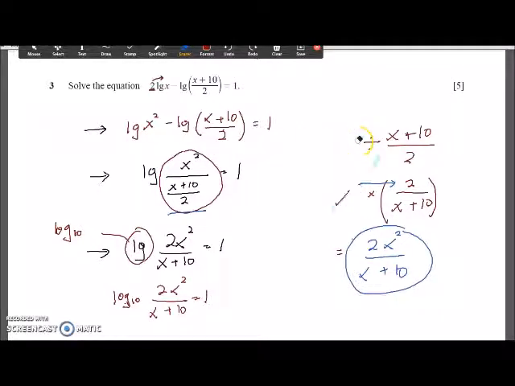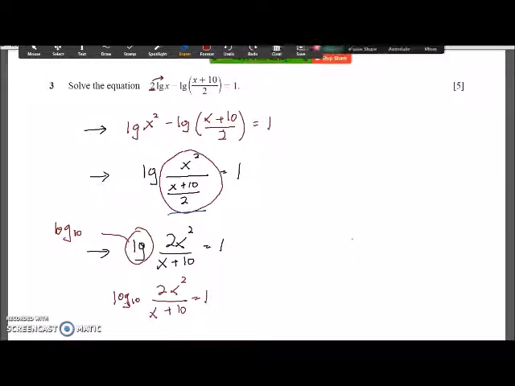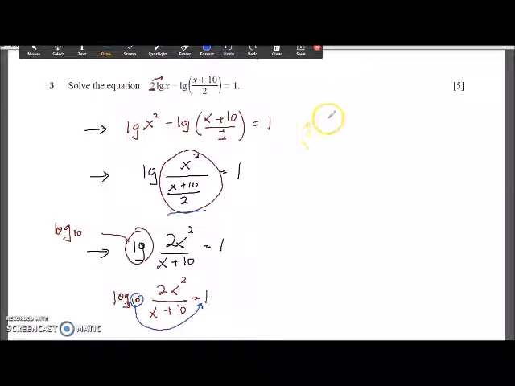Let me erase this. Now you could see that this 10 is the base of the log, which can be moved here, and it will become 2x square over x plus 10 equals to 10 to the power of 1. 10 to the power of 1 is equal to 10.